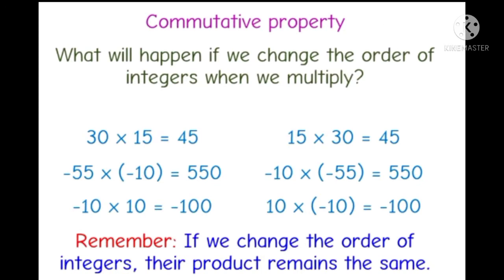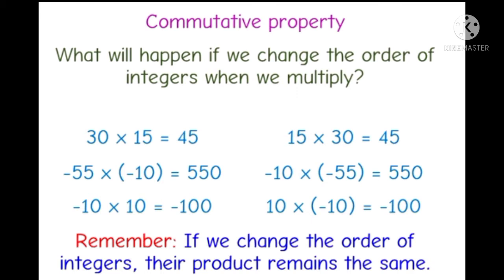Next one is the commutative property. What will happen if we change the order of integers when we multiply? For example, 30 into 15 is equal to 450. 15 into 30 is also equal to 450. Minus 55 into minus 10 is equal to plus 550.